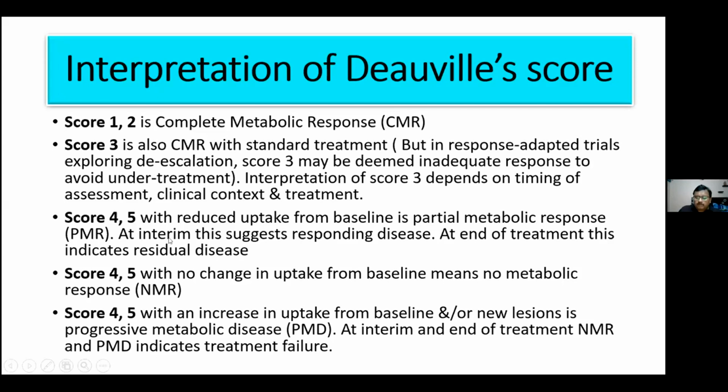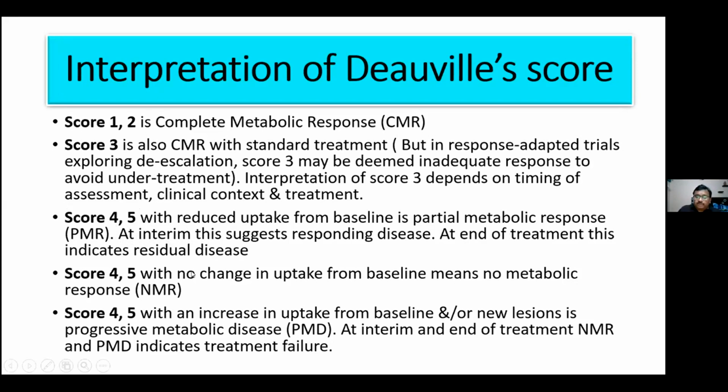At interim, the clinician decides that he will have an interim scan in between the chemotherapy to see how is the response. This suggests a responding disease. Even if it is 4 or 5, but there is a reduced uptake from the baseline, at end of treatment this indicates a residual disease. So we have to see when the scanning is being done, at interim or end of treatment.